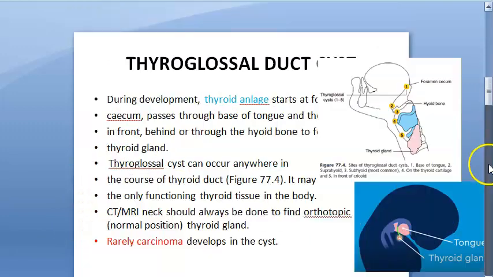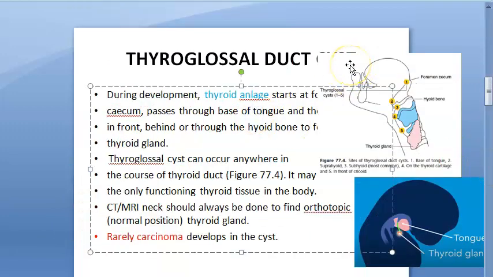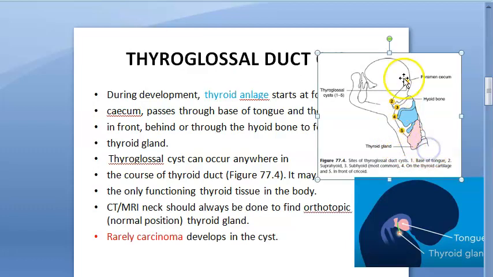You saw how it is actually formed, because the thyroid anlage descends from the foramen cecum, passes through the hyoid bone, in front of it, through it, and it will reach below it to form the thyroid gland, right? So this duct can remain, and this can develop a cyst later in life. So that's what you should understand.